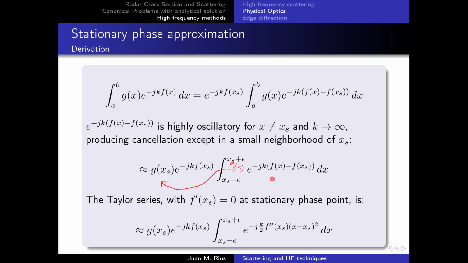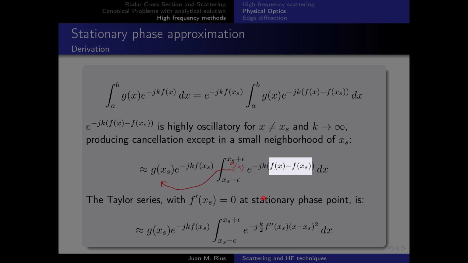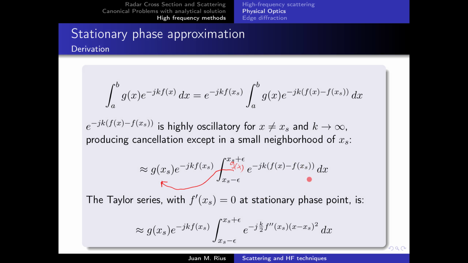Now we do a Taylor series of s, essentially subtracting the value of f at the stationary phase point.